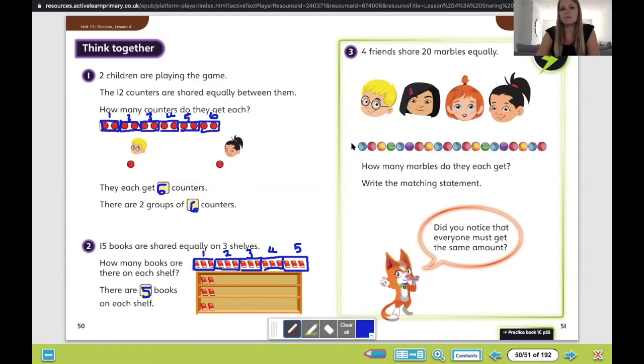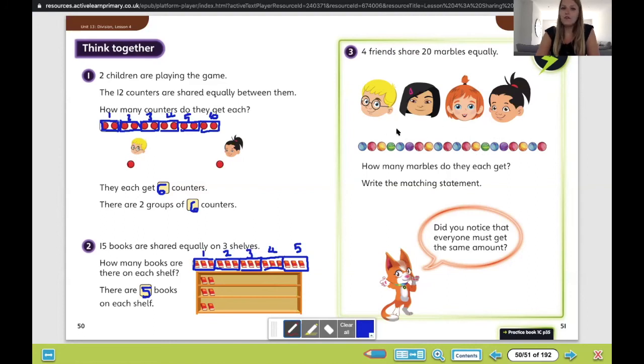Let's check. 1, 2, 3, 4, 5, 6, 7, 8, 9, 10, 11, 12, 13, 14, 15, 16, 17, 18, 19, 20.